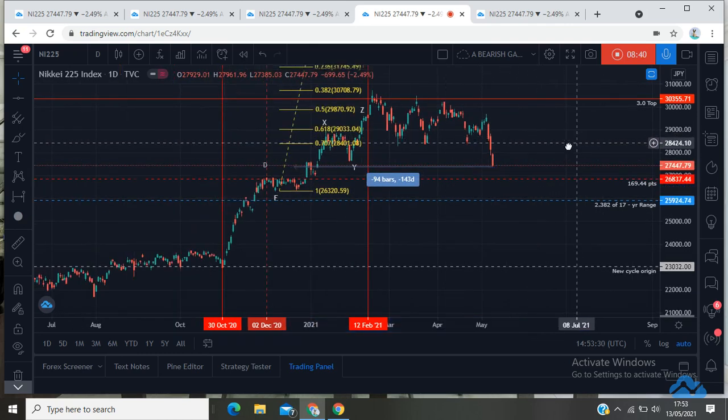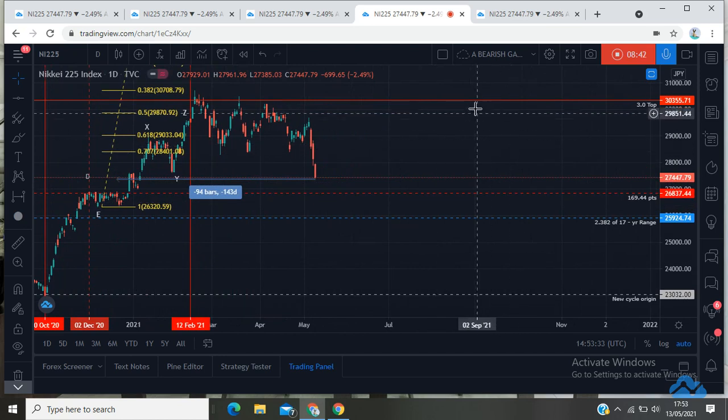And then we want to mention that this 3.0 level is a very strong level in the Nikkei market. We expect currently a 5 by 5 square grid to be forming, and this is the 3.0 level. The 3.0 level is a very strong level, and then beyond that we have the 5.0 level.